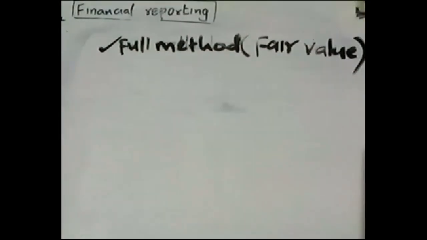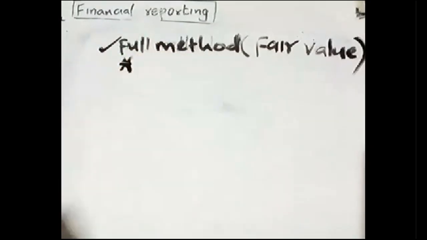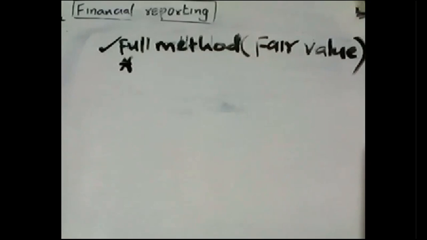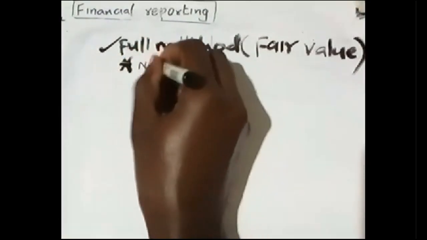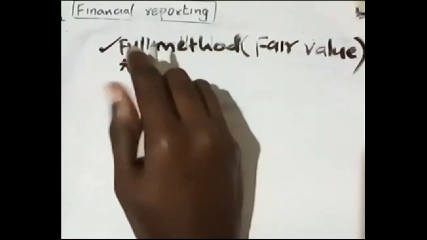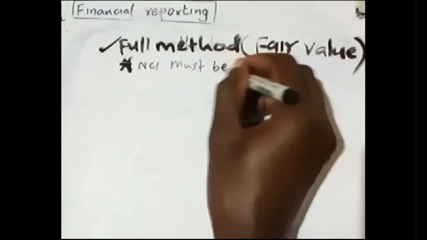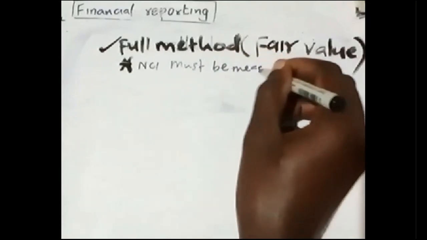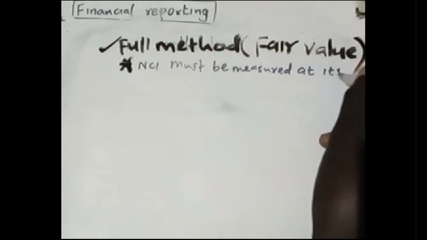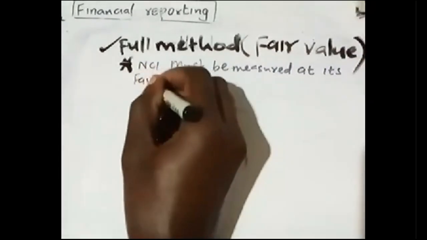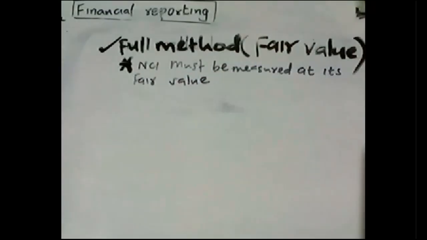So when you are using the full method, you must be given the fair value of the NCI, non-controlling interest, which must be measured at its fair value.